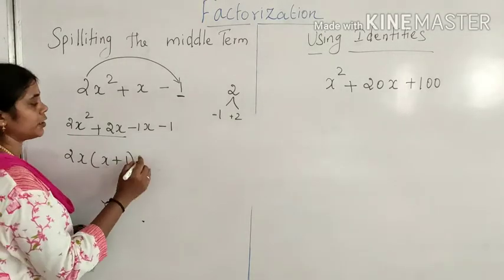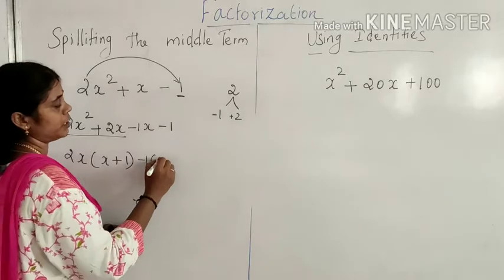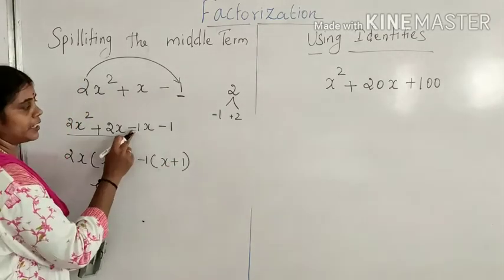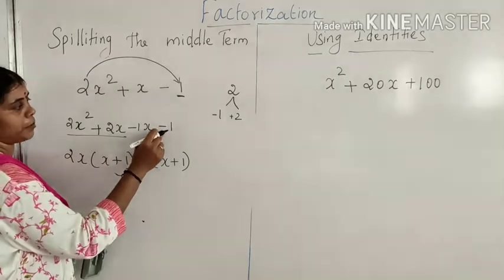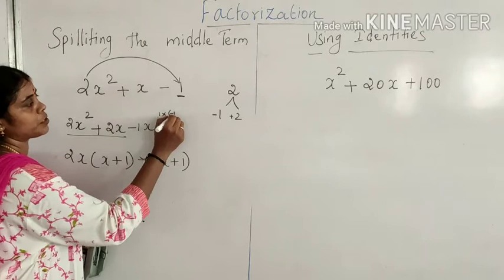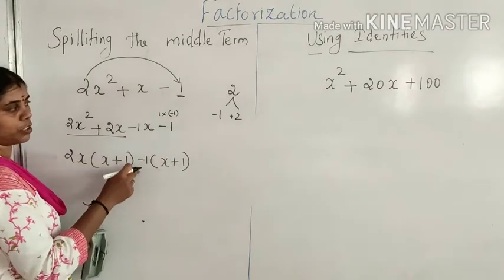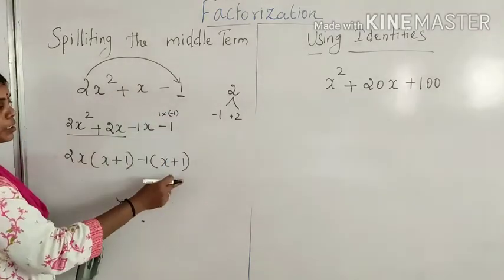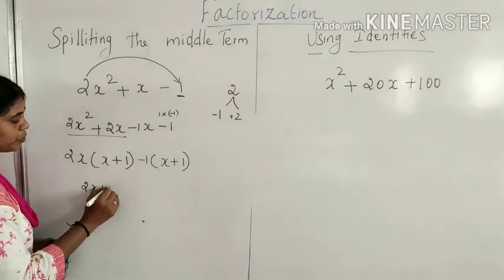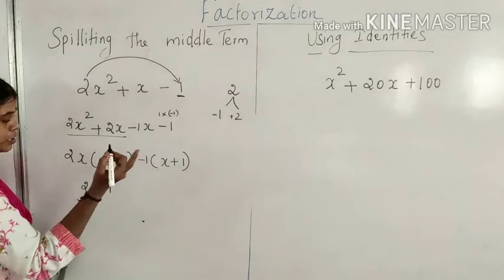And here if you take minus 1 as common, we get x plus 1, because we have taken the minus common now. Here minus 1 can be written as plus 1 multiplied by minus 1. So I have taken minus 1 common out, and what is left is plus 1. So now x plus 1 is common.